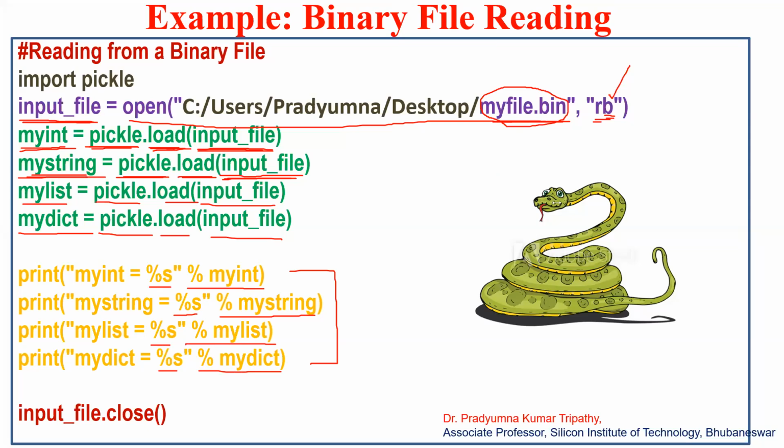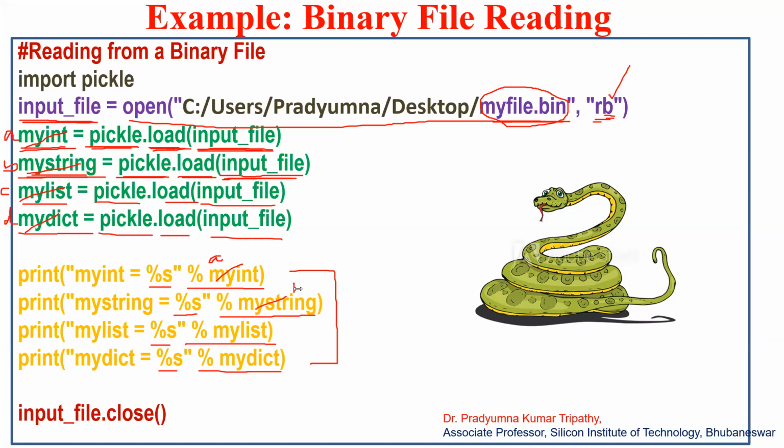So sir, are my int, my string, my list data types, or just variables? They are just variables. You take any variable, you take ABCD, then also it will work, doesn't matter. This is just for your understanding only that I have written this.